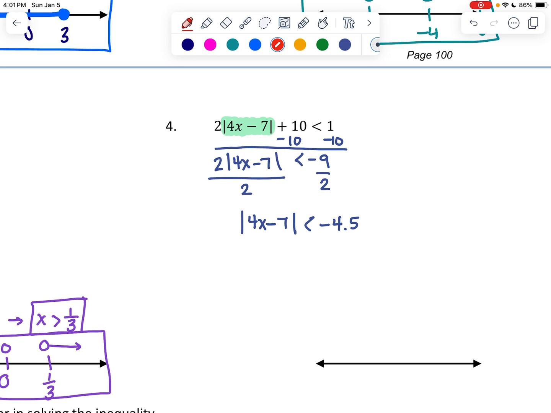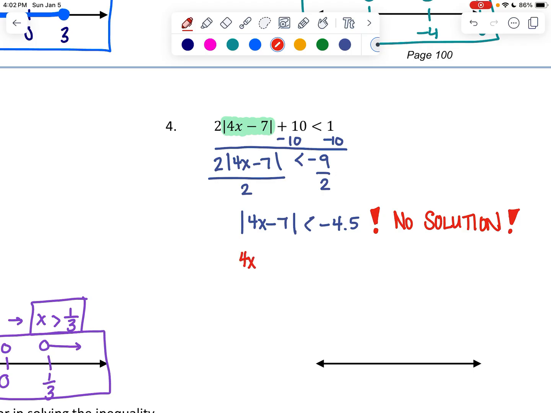Okay, this right here, here's your little exclamation point. No solution. And why is it no solution? You should be figuring this. You should be kind of saying this in your head as I'm saying it. It's no solution because the absolute value is either 0 or a positive number. The absolute value cannot be negative.